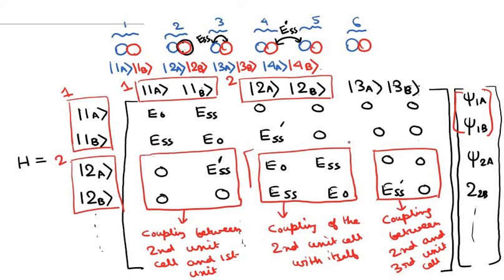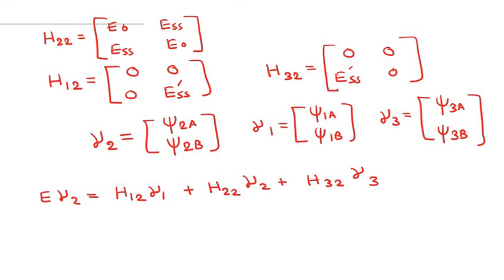Then this submatrix is multiplied by this submatrix, and this submatrix will be multiplied by, I have not written this here, but it should be psi 3a, psi 3b. So this submatrix would be multiplied by this submatrix. So I hope that I have convinced you that the equation I have written is correct. So now how to proceed from here?